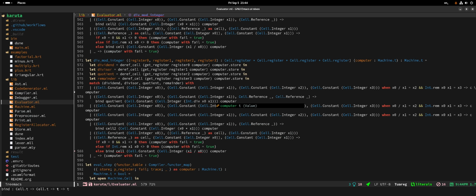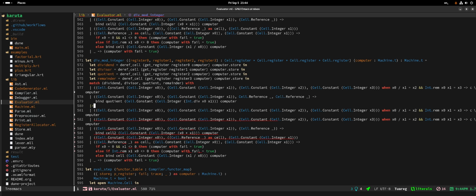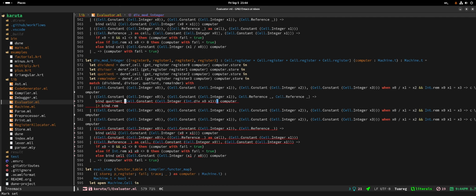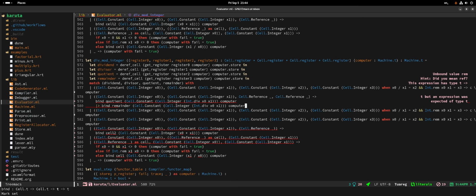Then we bind with the pipe, sorry, essentially this thing again, but in here rem. There we go, right? Yep.